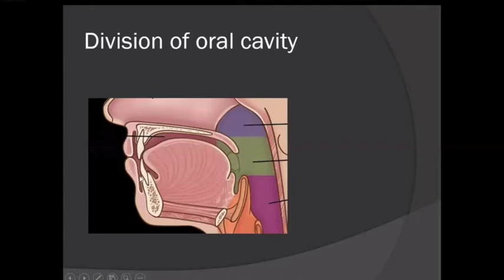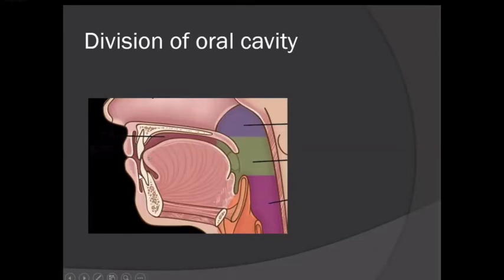So this is the oral cavity, and then we have teeth in between, and we have the alveolar bone or alveolar arch, in the form of an arch in the maxilla as well as in the mandible here. Now, when you close these alveolar arches and teeth, when they are in contact, the oral cavity will be divided into two compartments.